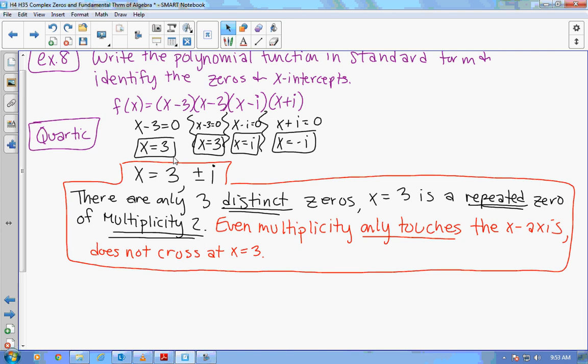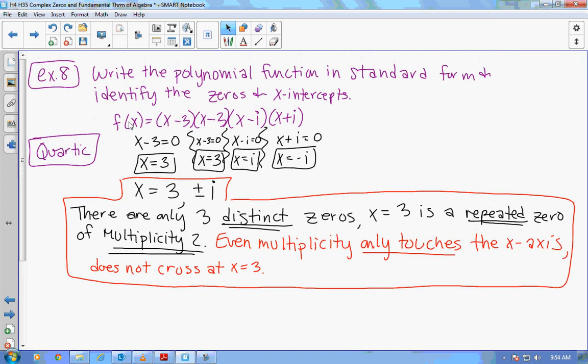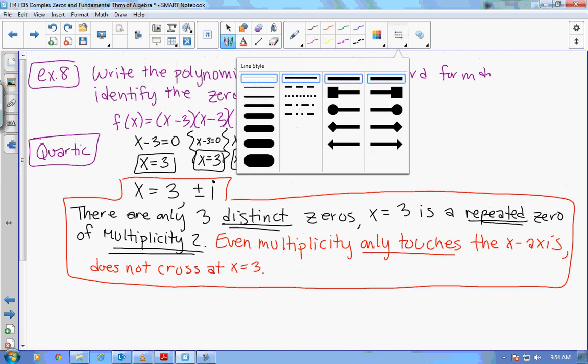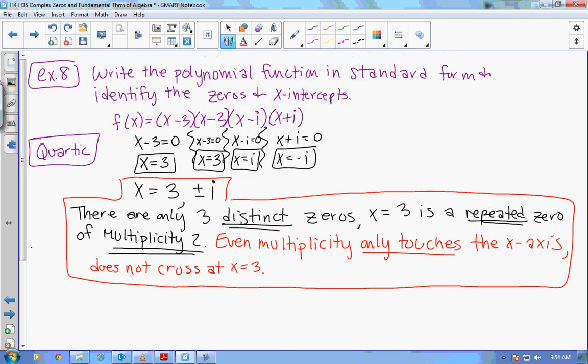Okay? So do y'all have your calculators? We're going to graph this polynomial, f of x. Well, actually, we need to do one thing before we graph it. I apologize. We need to find the standard form because we can't really type i into our calculator. So we've identified the zeros.